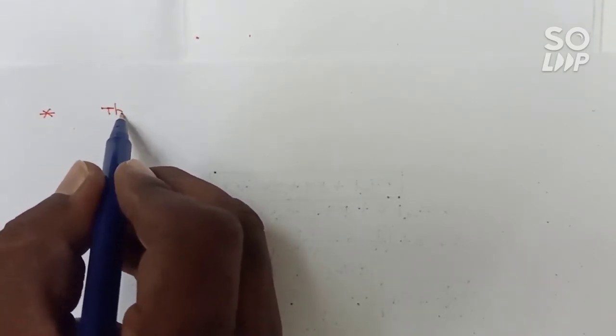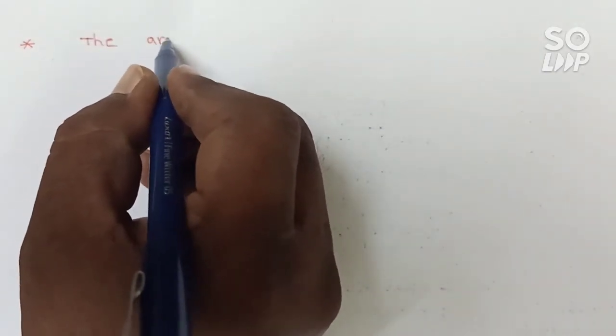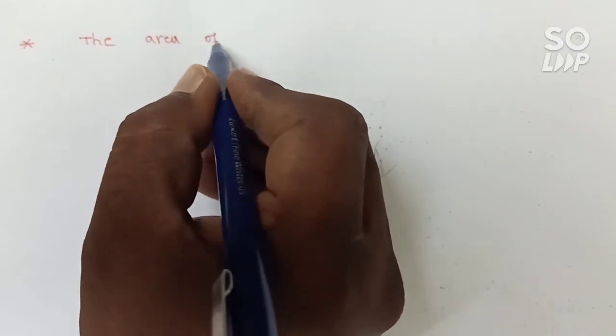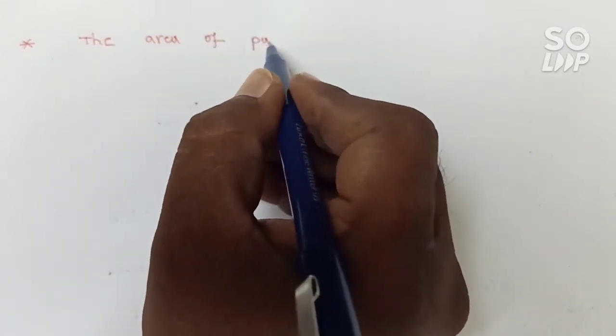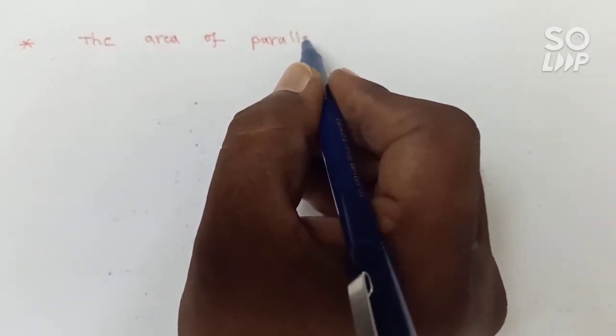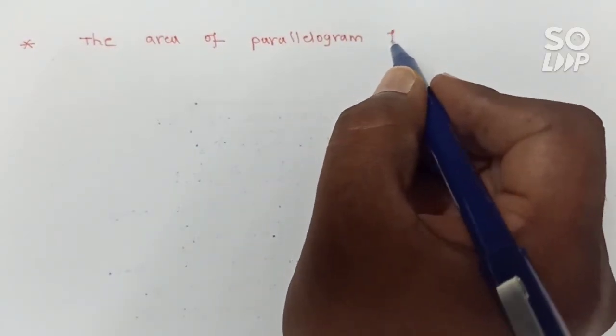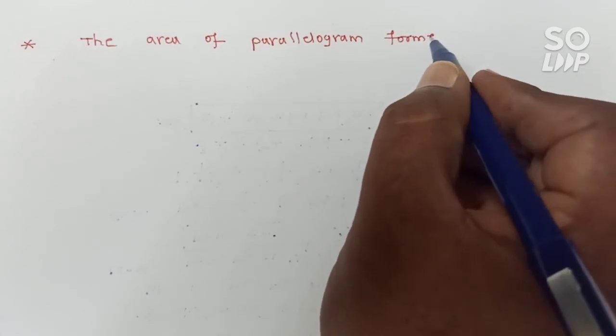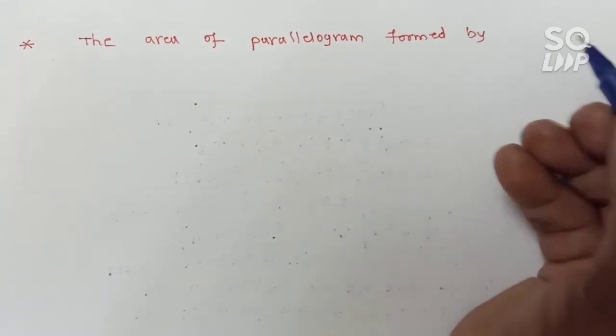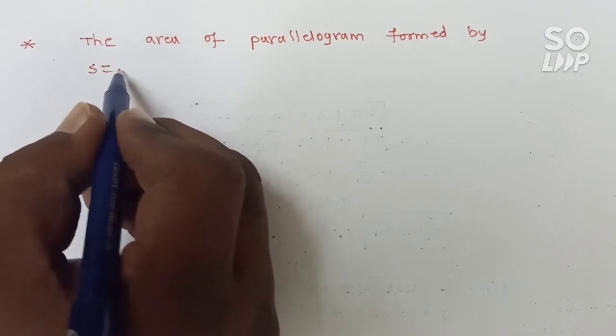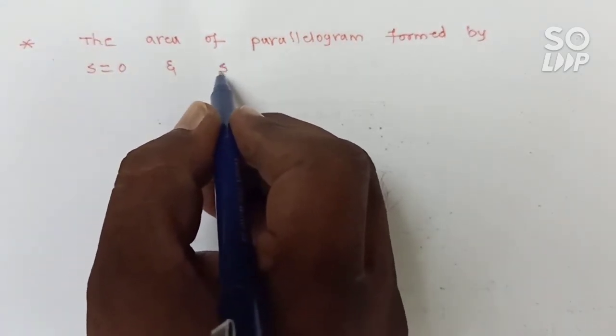See the first one: the area of a parallelogram formed by S equals 0 and S dash equals 0.